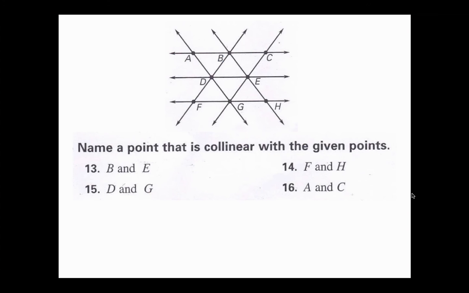So for the next one, we are going to be working with this collinear. So we're looking to see that they're on the same line. So this is just a matter of finding the line and naming the additional point.